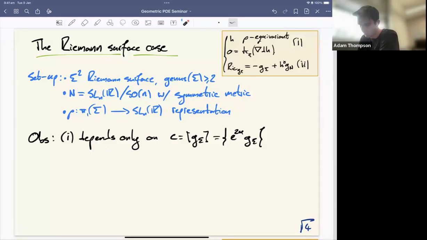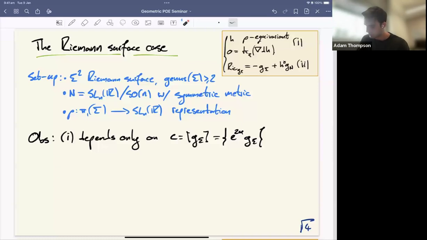And I'm also going to specialize my codomain. I'm going to take my codomain here to be this symmetric space, SL(n,R)/SO(n,R), and I'm always going to give it this symmetric metric. Really, you could think of this in different ways: you could think this is just a good example to keep in mind, but it's also motivated by a broader context.